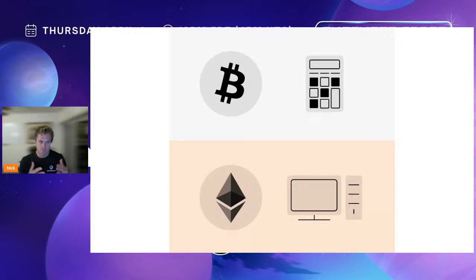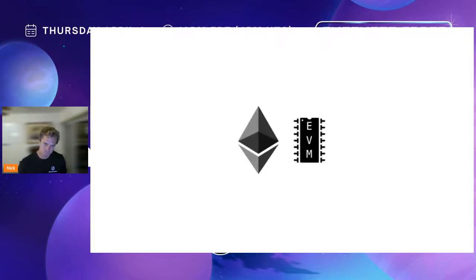So if Bitcoin is a calculator, then Ethereum is like a computer. With a calculator, you can only do a few different kinds of operations. A computer is fully generalized and expressive, and you can build all different kinds of applications on top of it. So this was a massive step forward because it really blew the doors open on what was possible to do on chain.